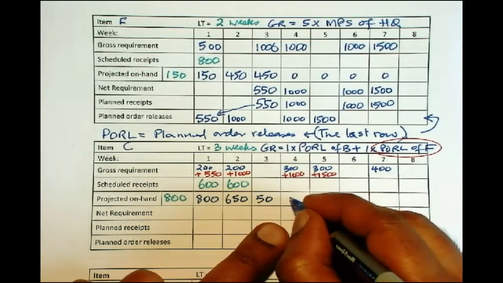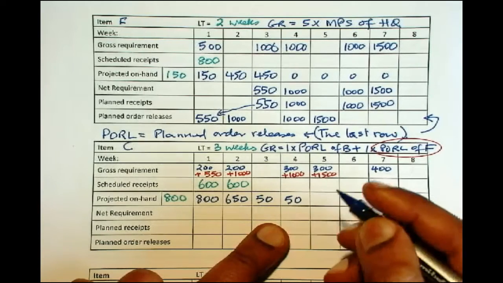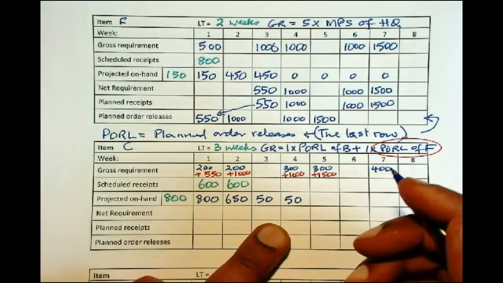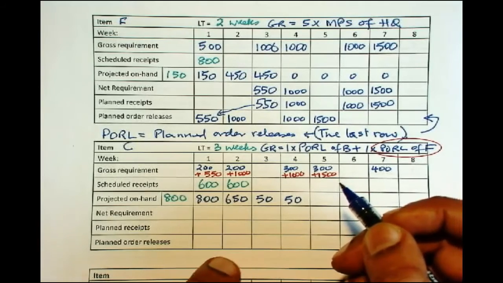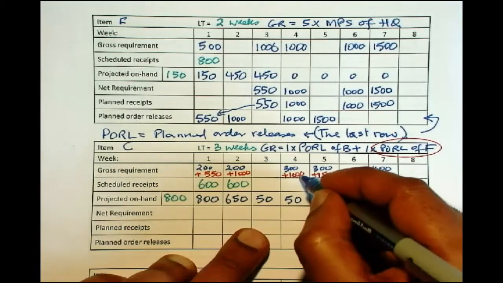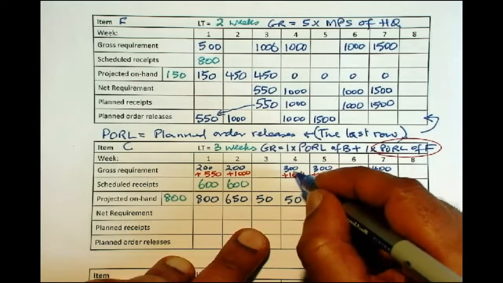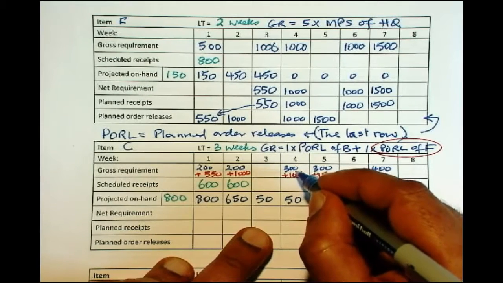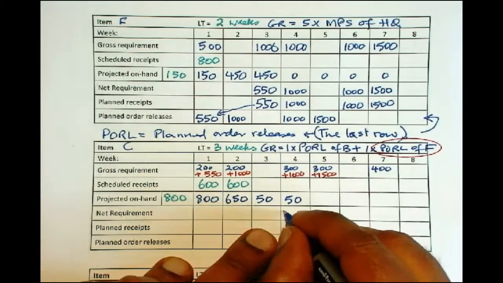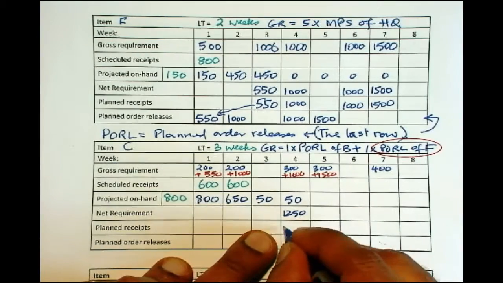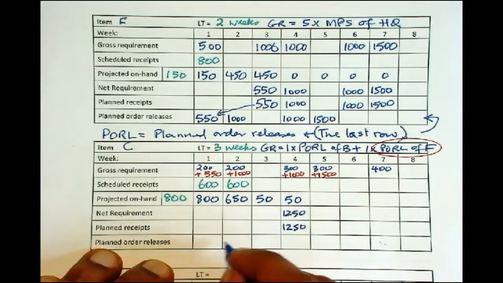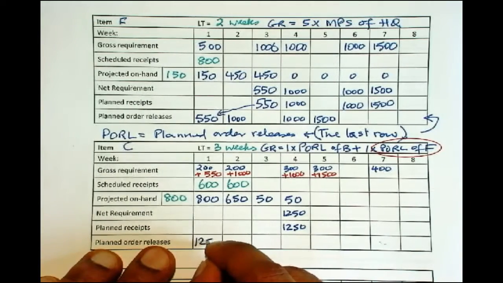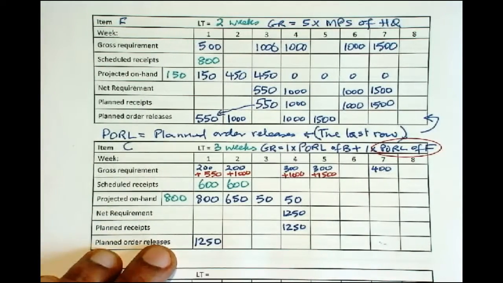No activity in week 3, so 50. Now that's not sufficient to meet the 1300. So we have a net requirement of 1250 that must be made available, and 3 weeks lead time.